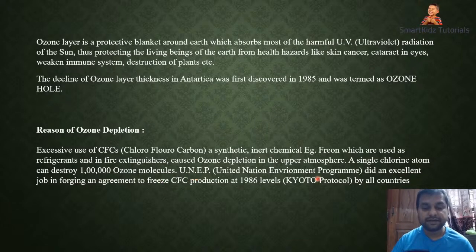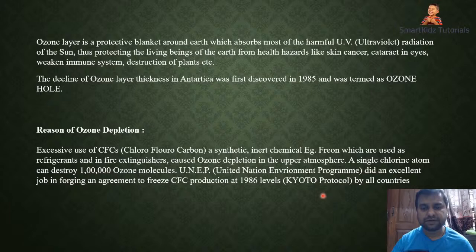And the United Nations Environment Program has been doing a very excellent program in getting the nations together, making them understand the seriousness of the issue and trying to curb the use of chlorofluorocarbons and other similar destructive chemicals that could destroy this ozone.